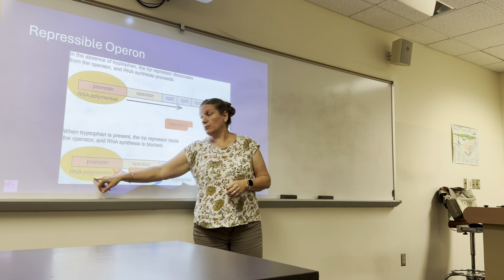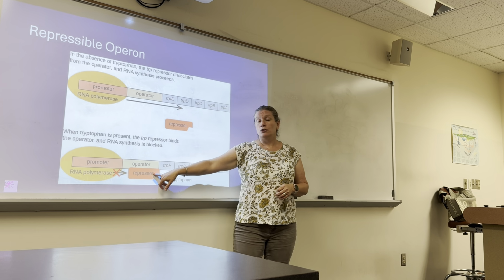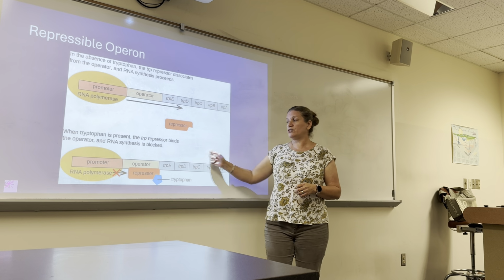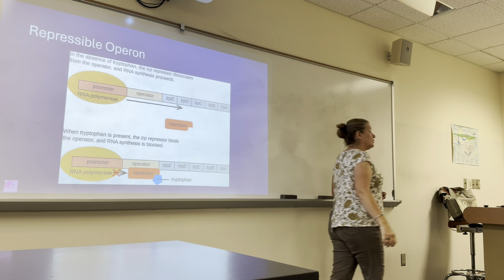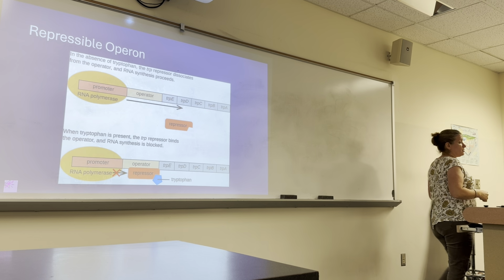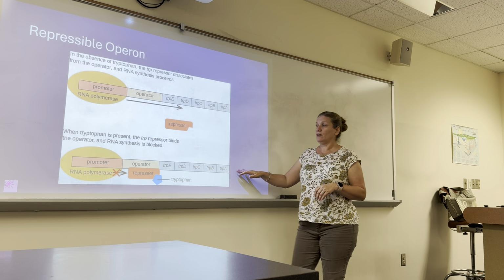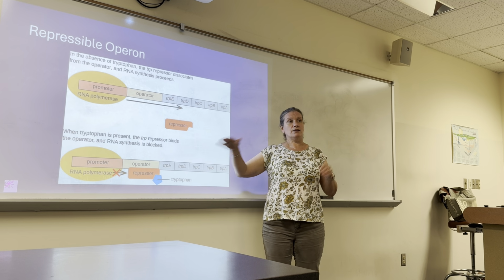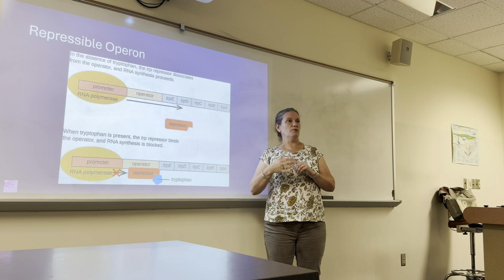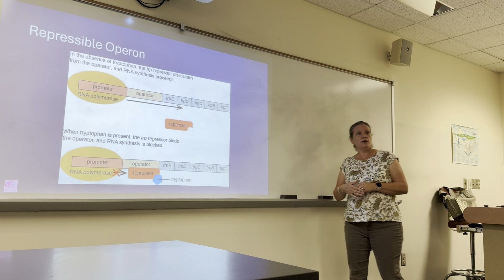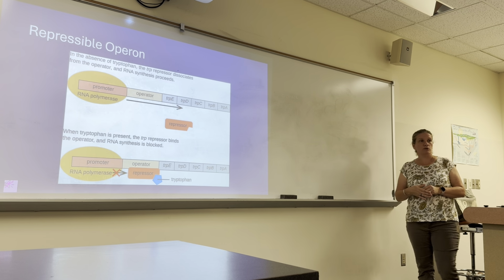If RNA polymerase recognizes the promoter, the repressor's in the way. So it can't move forward. We don't see transcription of those structural genes. All of these genes have to do with that metabolic process of making tryptophan. So we're going to see a decline in the amount of tryptophan produced.